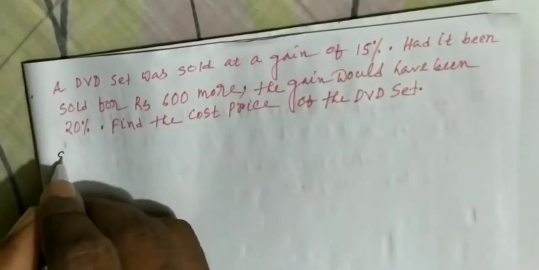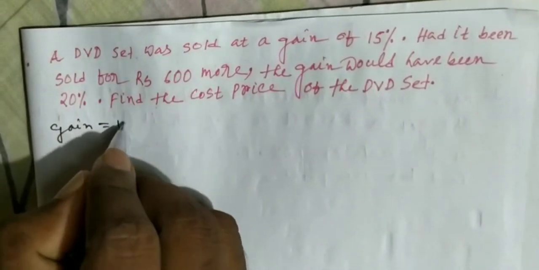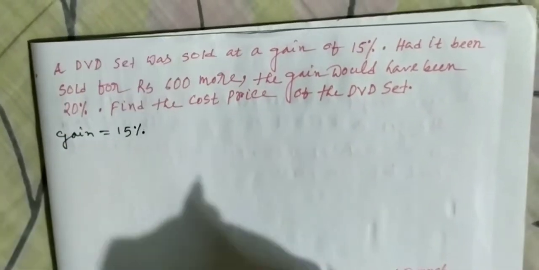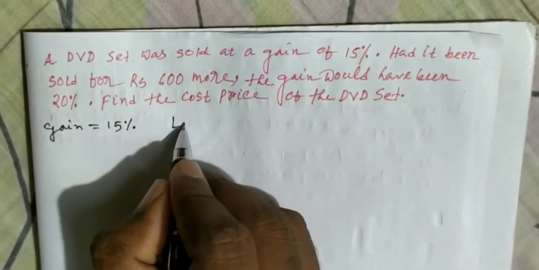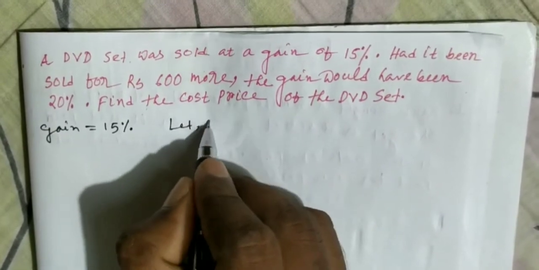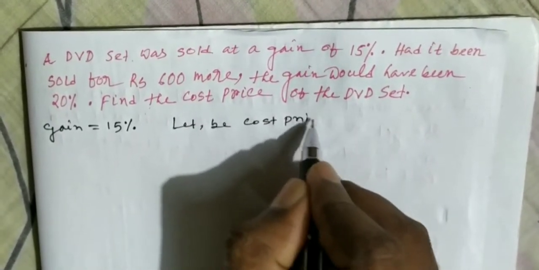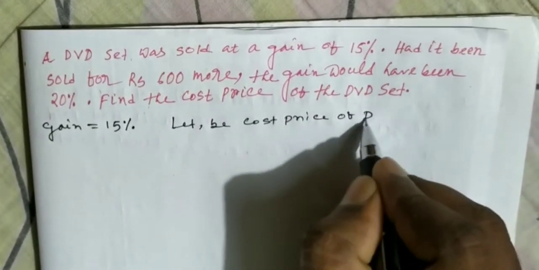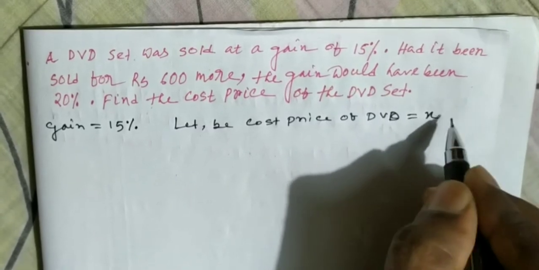So, gain percentage is equal to 15%. Let X be the cost price of the DVD set.